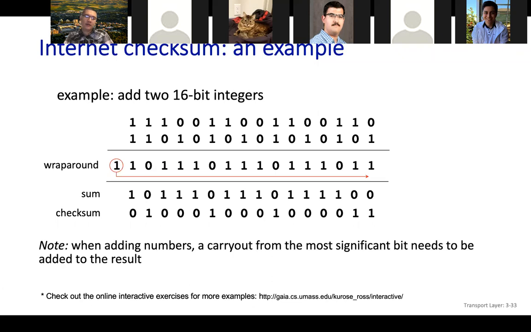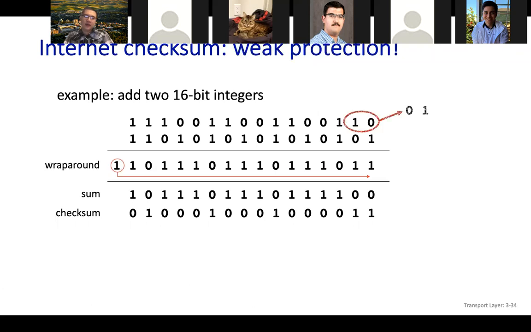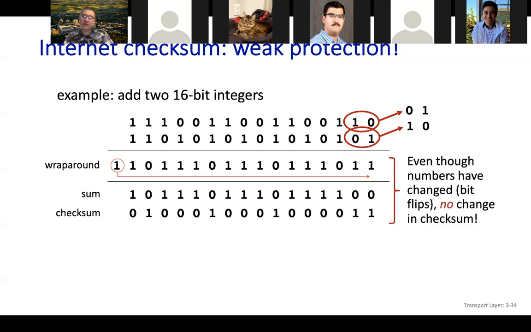Here I think it's just an animation. Even though numbers have changed, with bit flips, there's no change in the checksum. So the idea is that you use one value to detect whether some error happened in all the values in the segment.